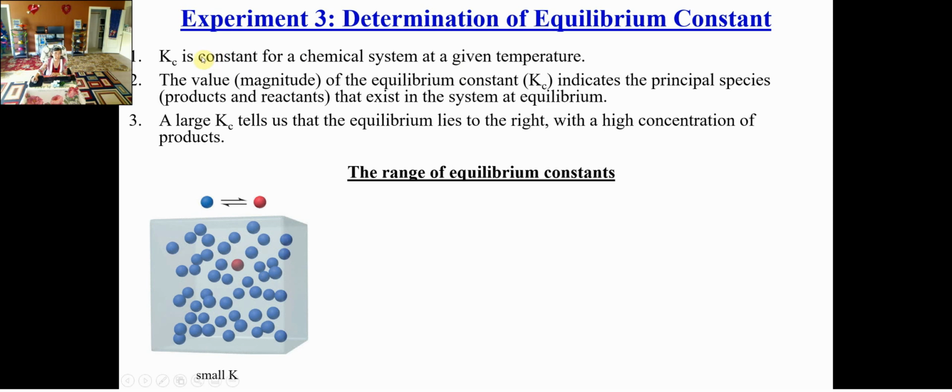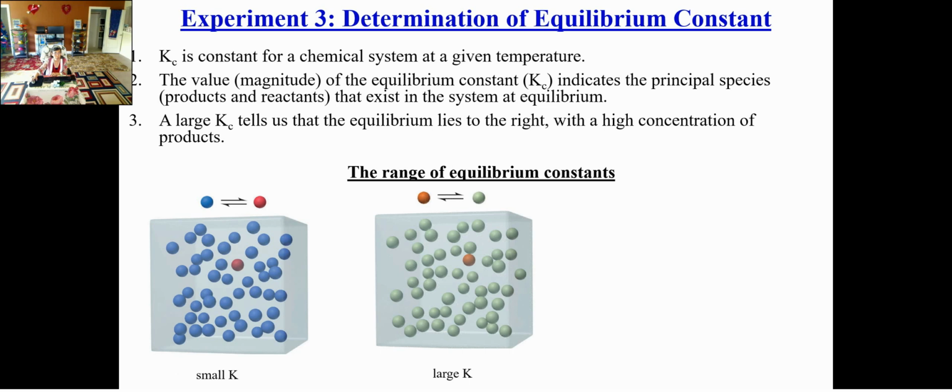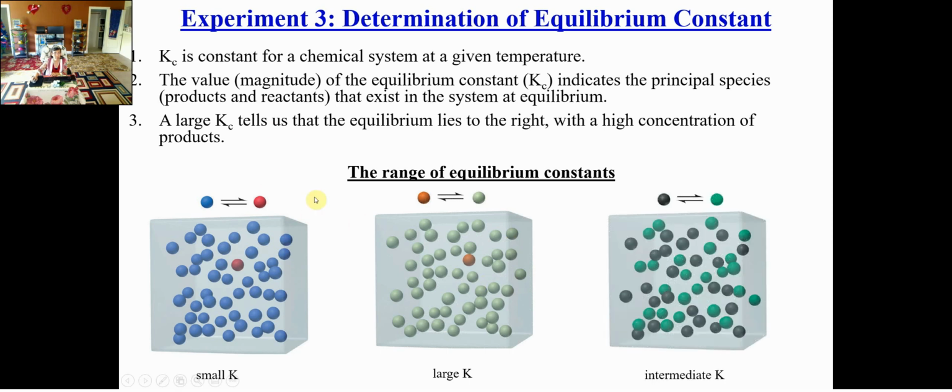So your K, capital K, is a constant value for a particular chemical reaction. This K has different magnitudes, and the magnitude of K indicates your reaction direction. For example, if you have a very, very large K, all the reactants become product.